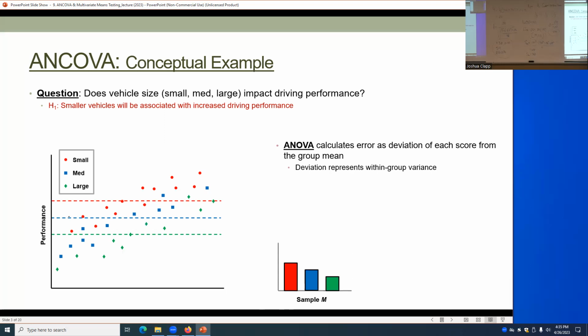Anything that's included in that is just straight up error. It's not something that's recognized as systematic in my model. And so if I just run this with an ANOVA, I'm going to get a lot of within group error, right? Because there's a lot of variability in terms of performance, okay? And as we pop up those error bars, we're seeing a great deal of variability within each one of these groups.